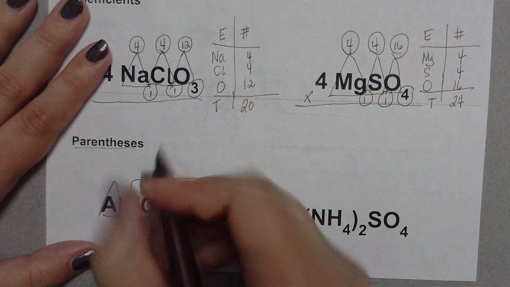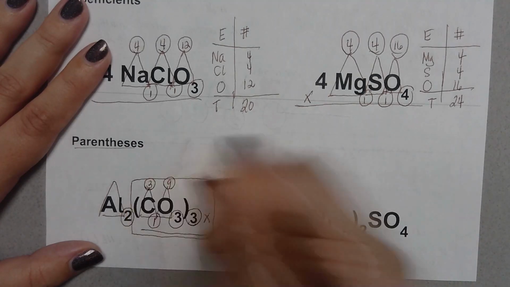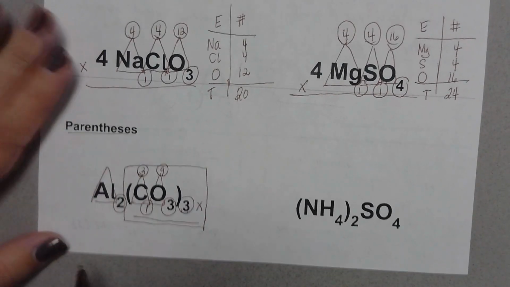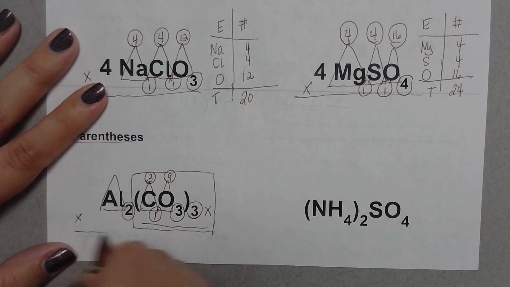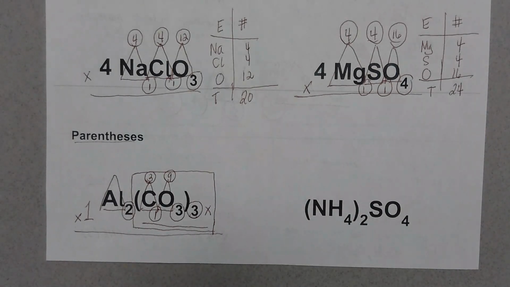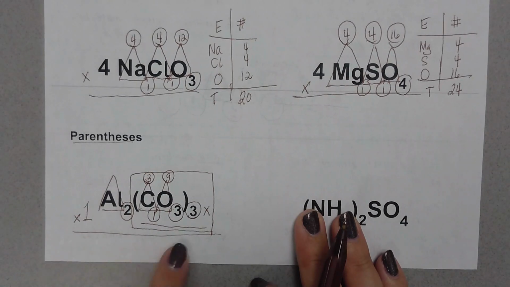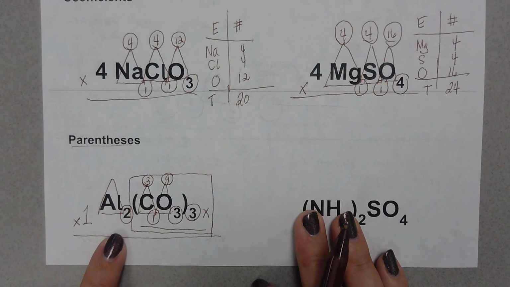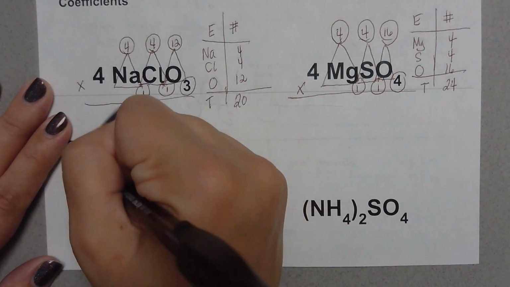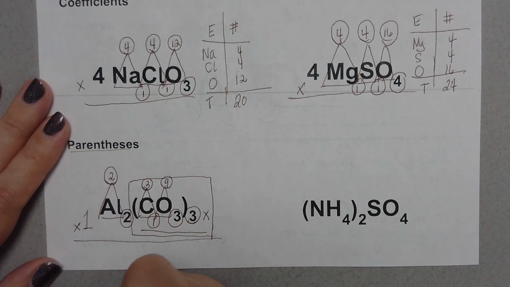So 3 times 1 is 3. 3 times 3 is 9. Now this aluminum is outside of the parentheses. Now our coefficient, which again is 1 because there's nothing that's been drawn. So our aluminum is 2.